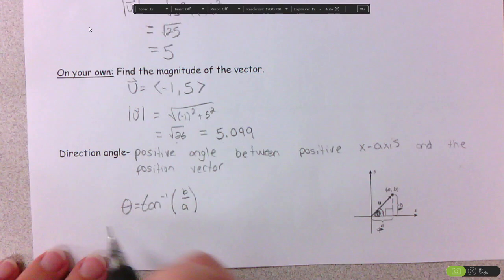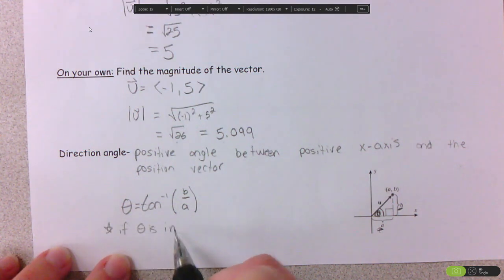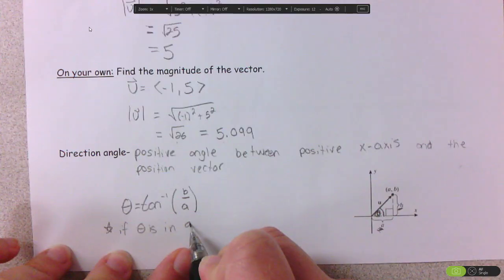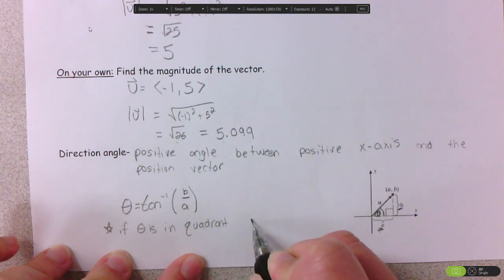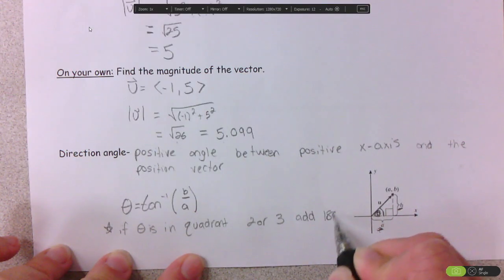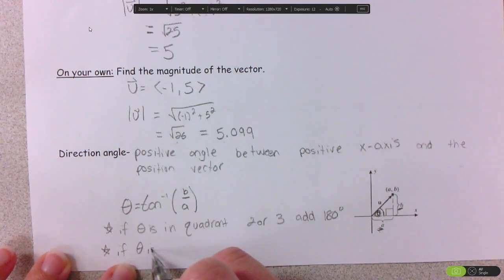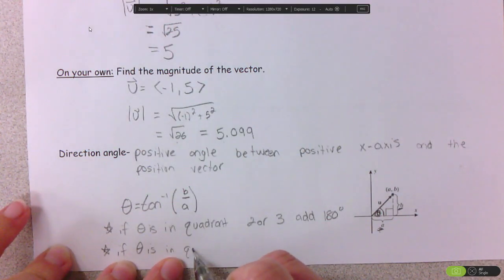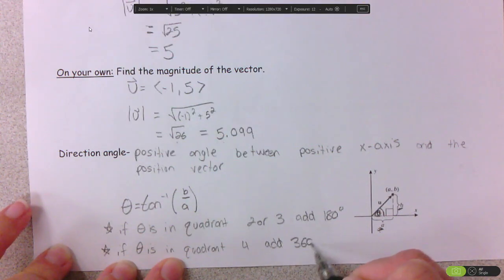There are some odd things that happen here. If theta is in quadrant 2 or 3, you have to add 180. If theta is in quadrant 4, you have to add 360.